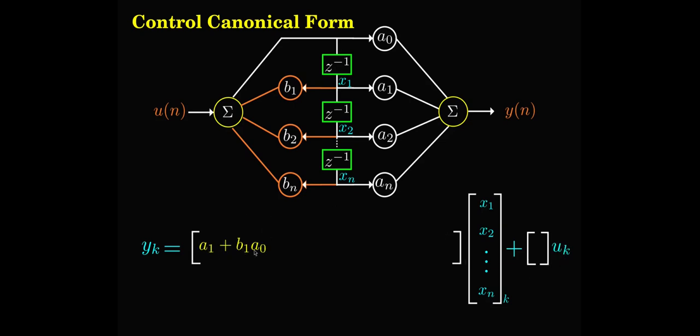So a1 plus b1 a0, b1 a0 plus a1, a2 plus b2 a0, a2 plus b2 a0 in this row, an plus bn a0, and a0 direct feed through a0 into uk will be the, so this is the output equation.